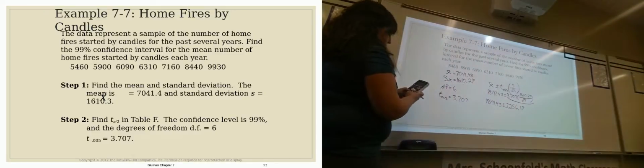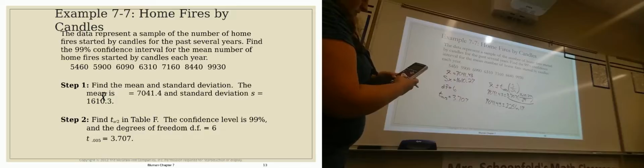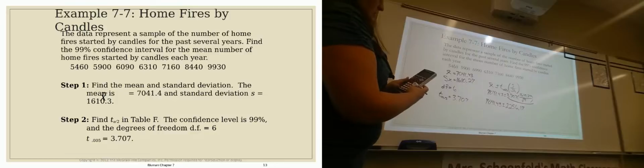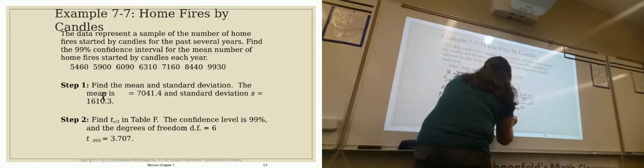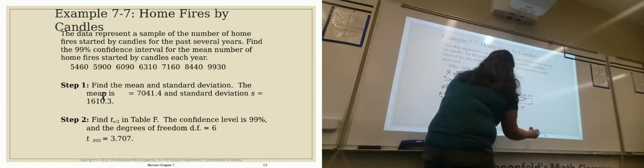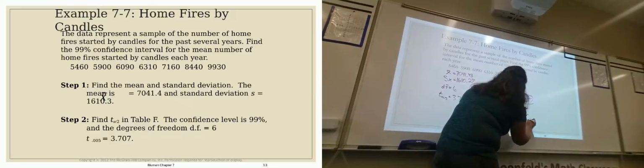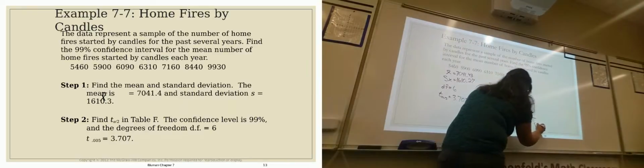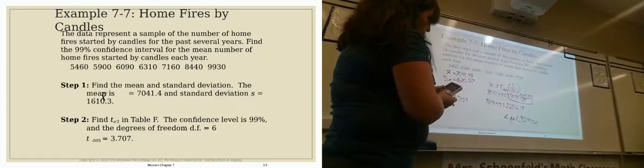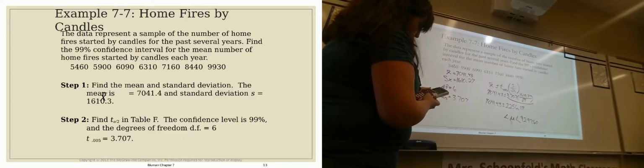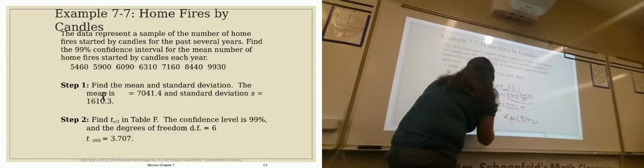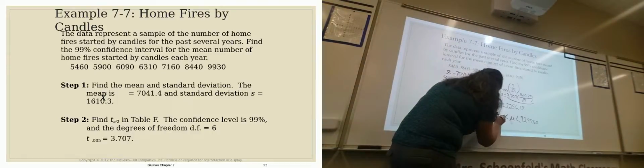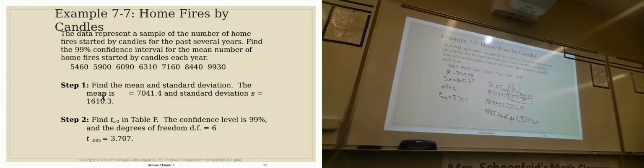Now I'll do the 7041 plus that number. That will be my upper limit, and I get 9297.60. I need to write it back as mu. I'll do the same thing with a minus and get 4785.26.